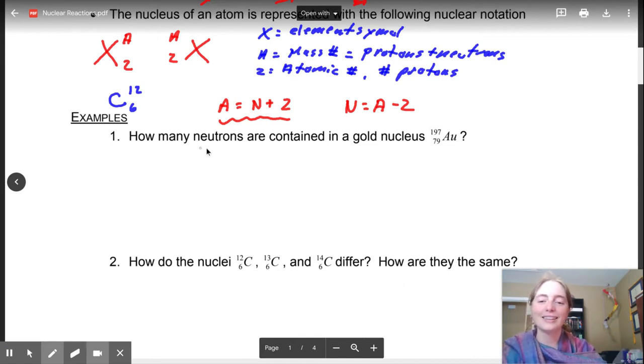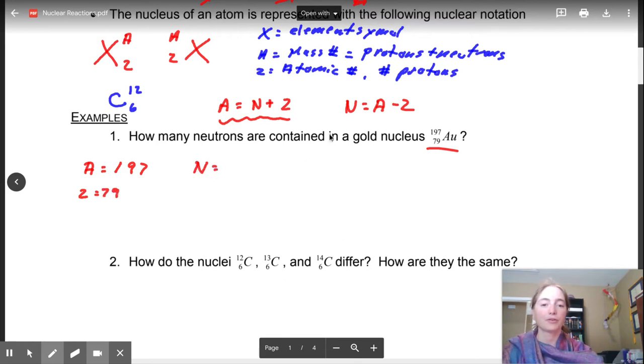All right. So ladies and gentlemen, how many neutrons are contained in a gold nucleus? Well, the atomic mass of this particular gold nucleus is 197. So that's the total number of neutrons and protons. Z is the number of protons, which is 79.